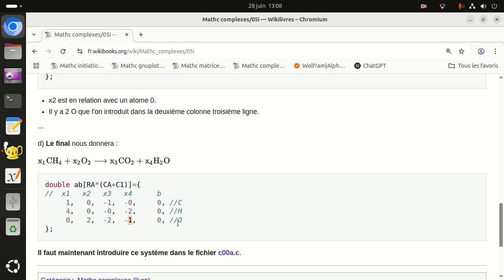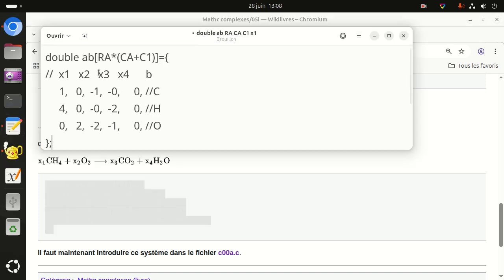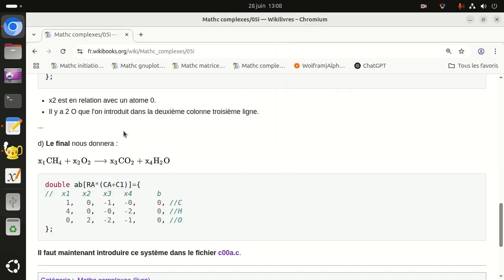I put 1 oxygen with the minus sign because I am on the right of the equation. Now I must copy this system of linear equations, and I introduce this system.